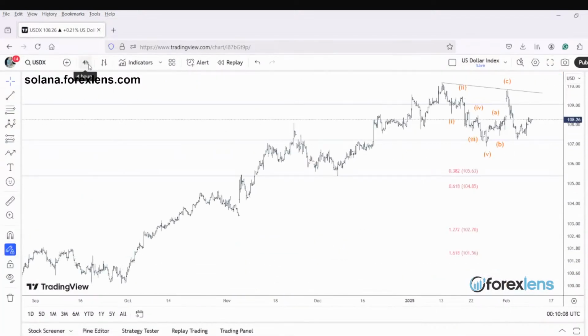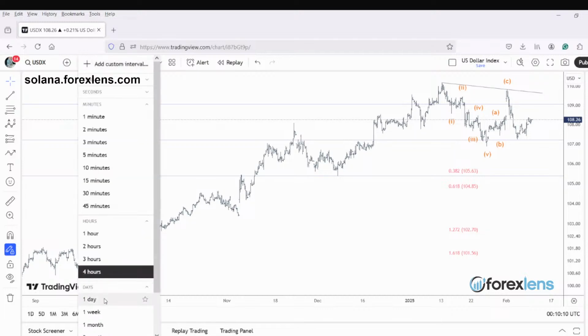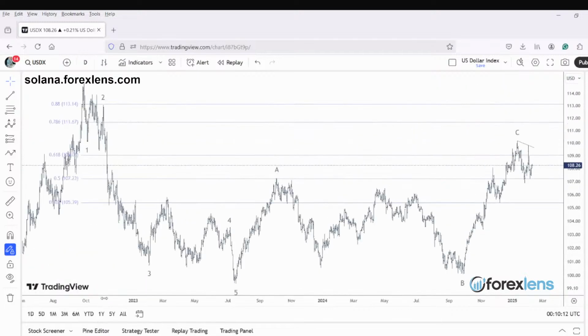Before we come back on the 4 hour chart, let's have a quick look on the daily. What the dollar index has done is exactly the opposite of what we just saw in the euro, where we have a 5 wave impulse decline, indicating the larger degree trend is lower.